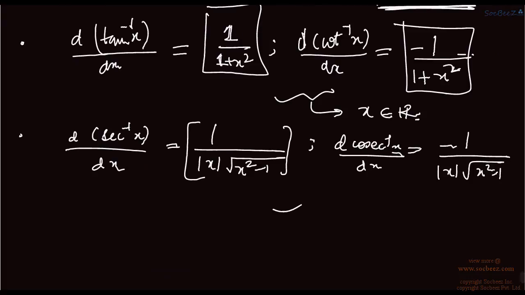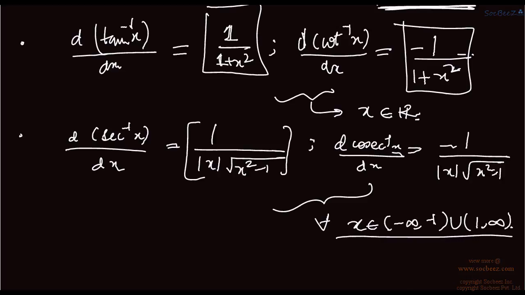This is true for all x belongs to minus infinity to minus 1 union 1 to infinity. For all these x, this is defined. Of course, this is also not defined at 0 and x equals minus 1 and plus 1. Why? Because this will make the denominator 0, and we don't want that. So that's why these are not included in this domain.